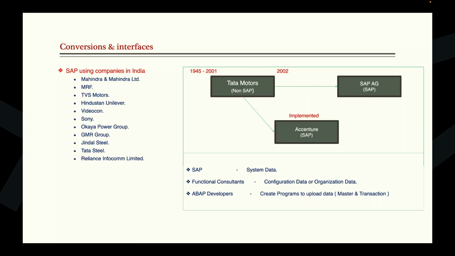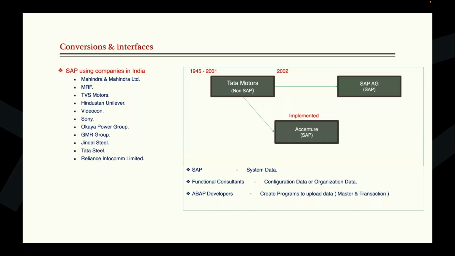Those who learn these tools are called middleware consultants. Their work is to receive data in a raw format and convert this data to a format understandable by the database.